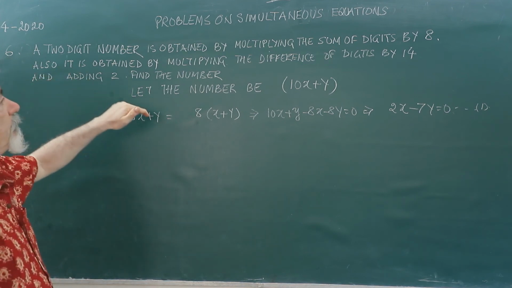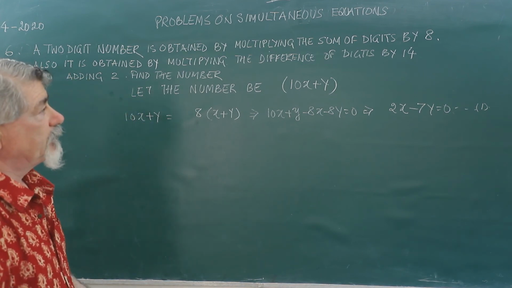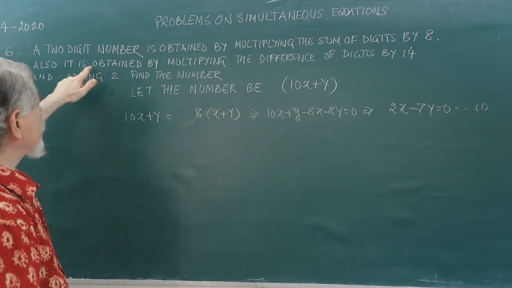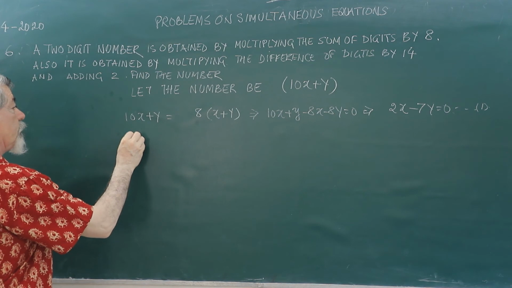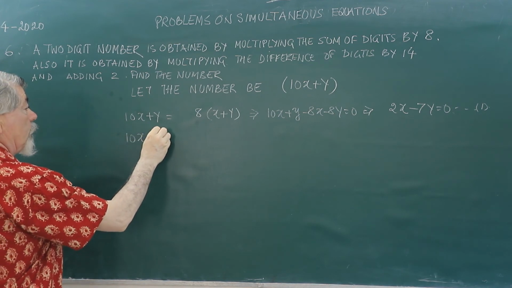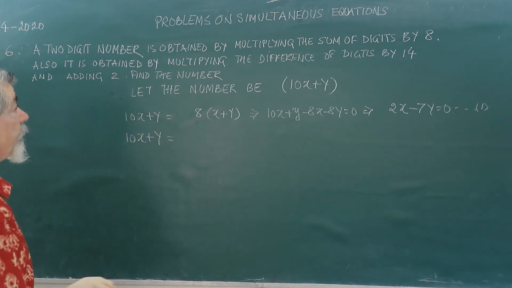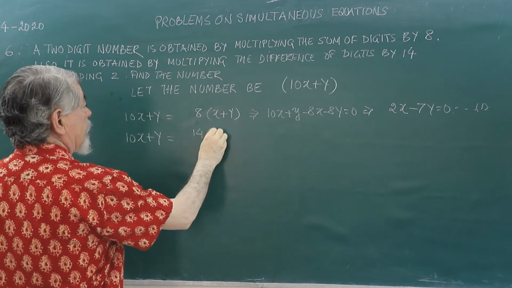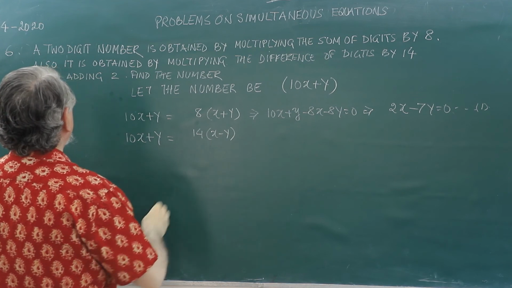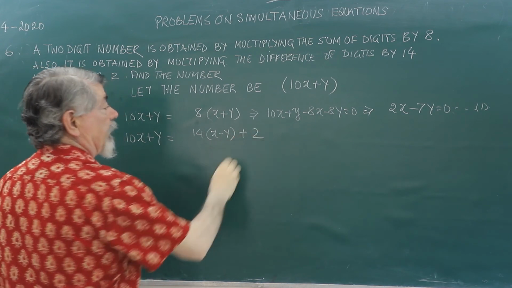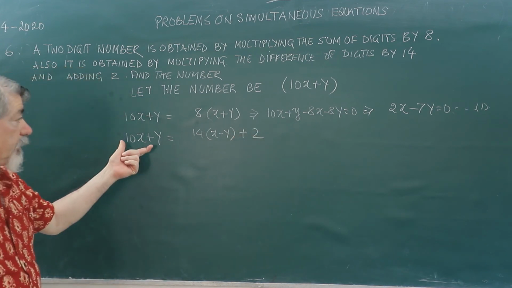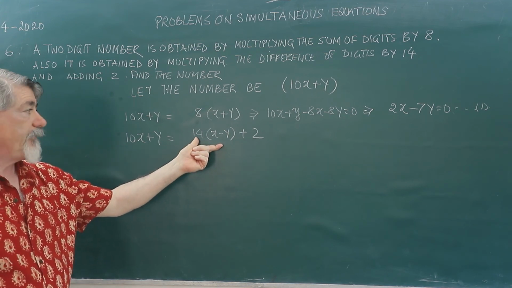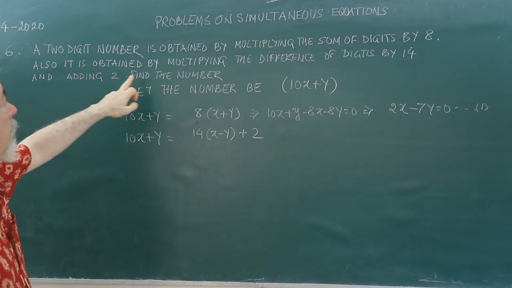Also it is obtained by multiplying the difference of digits by 14 and adding 2. So the same number is also obtained by another method: the difference of the digits multiplied by 14 and adding 2.